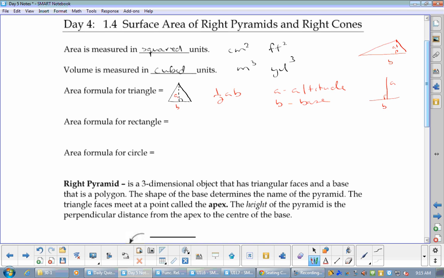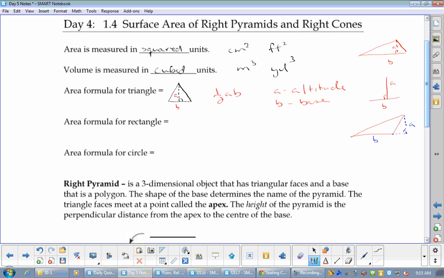What if I drew it like this? Well, this would be your base, and this would be your altitude. It's still perpendicular to the base, but we don't count that little dotted blue line on the bottom as part of the base length. Again, I'm assuming a lot of this is review, but we're all on the same page and it makes life easier.